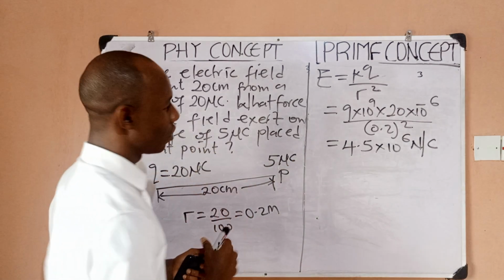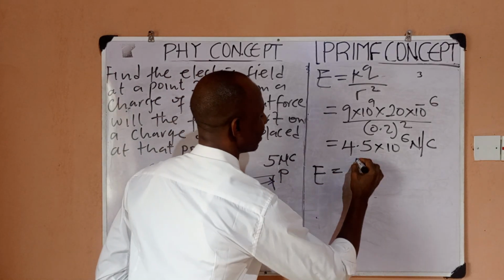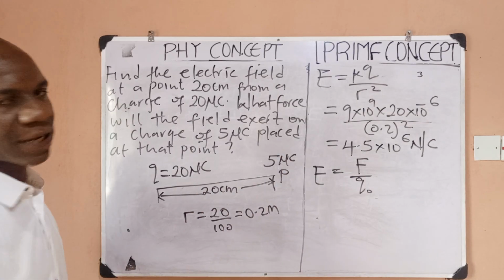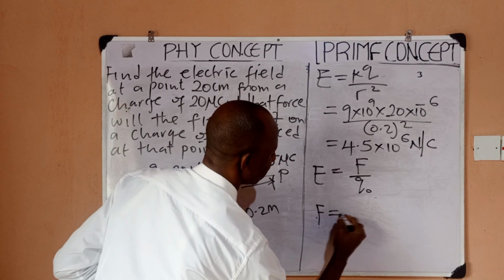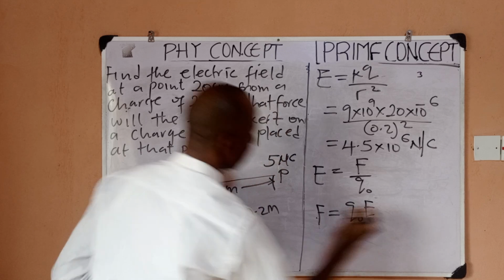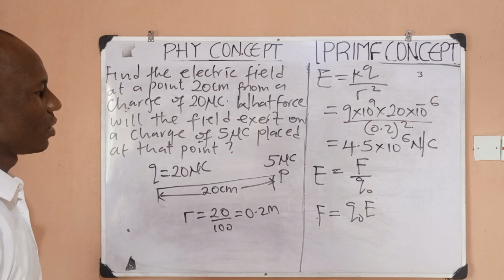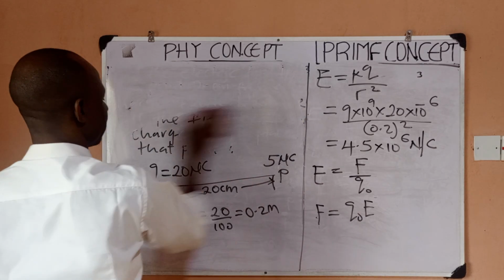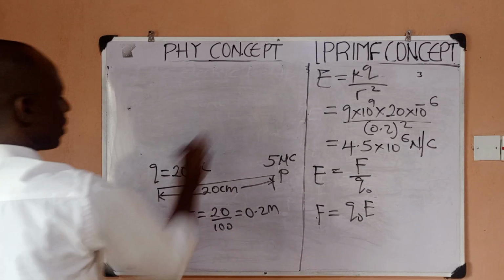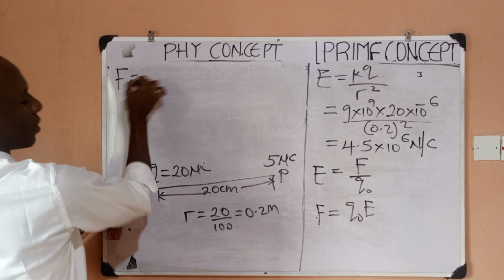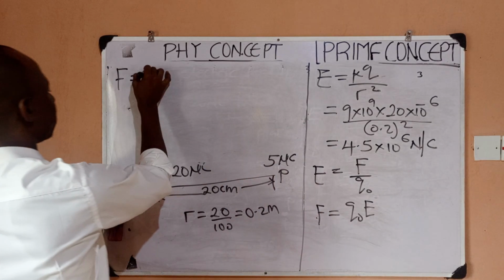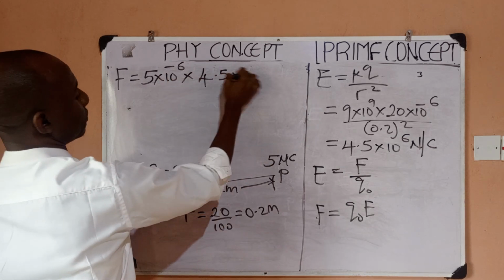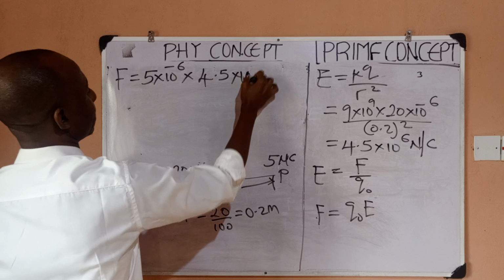Now, we recall also that E is the force experienced by a test charge per unit charge. So from here, we can find that force. If we make F the subject, I would have F equals Q naught E as my formula. So F equals Q naught, which is 5 times 10 to the power minus 6, times 4.5 times 10 to the power 6.